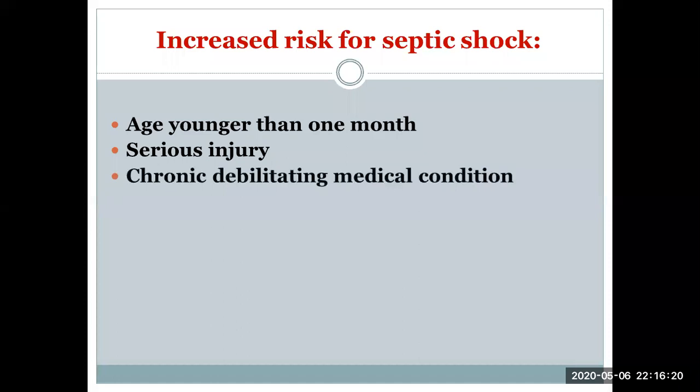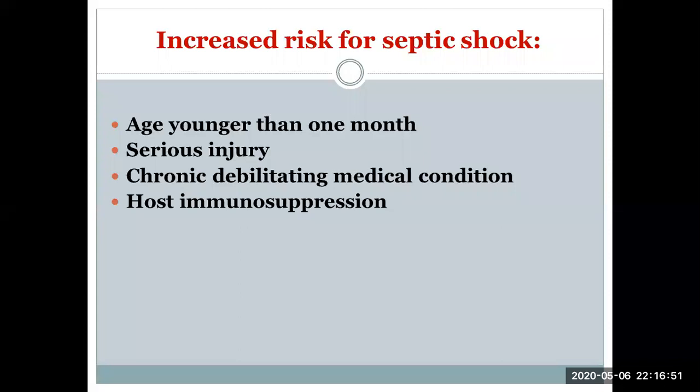Patients with chronic disabilities and medical conditions, like patients who are spastic quadriplegic with frequent aspiration pneumonia and sepsis, CP patients, hypotonic patients, bedridden patients, uncorrected congenital hearts, short gut syndrome, and the list is long. Any patient with chronic disabilities or chronic medical conditions will carry higher risk to develop septic shock, with non-classical presentation, more than other patients.